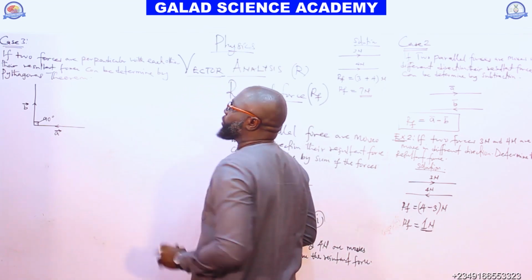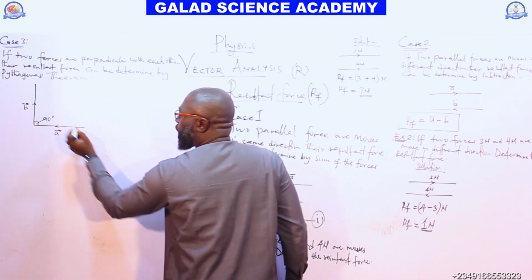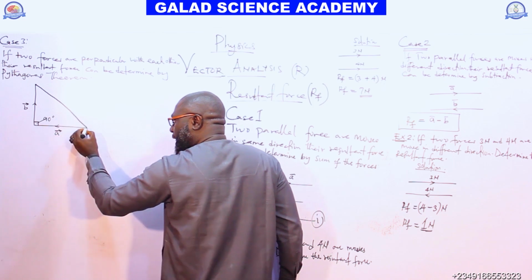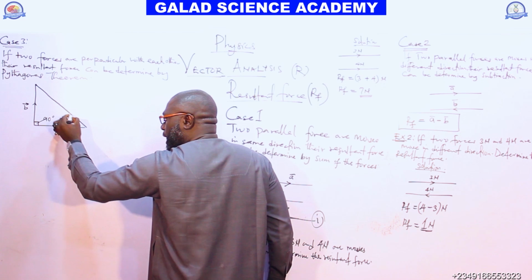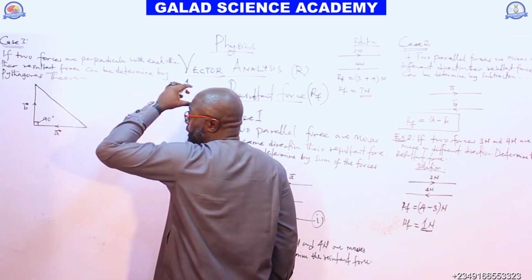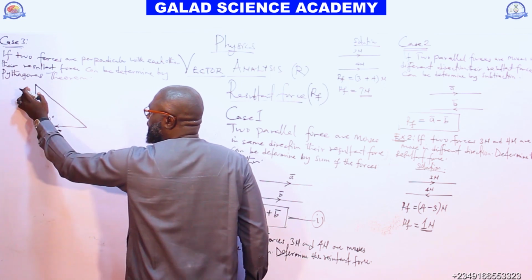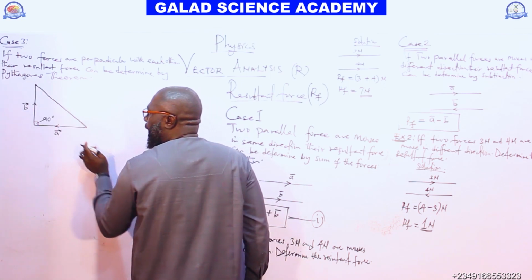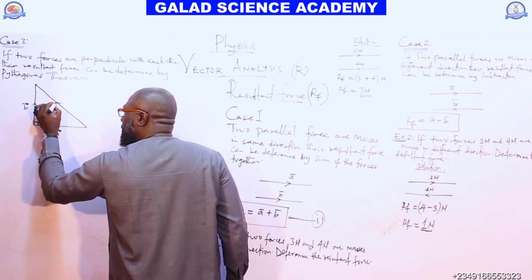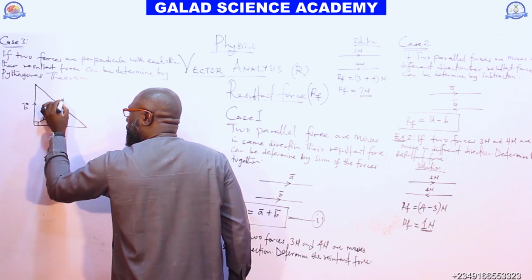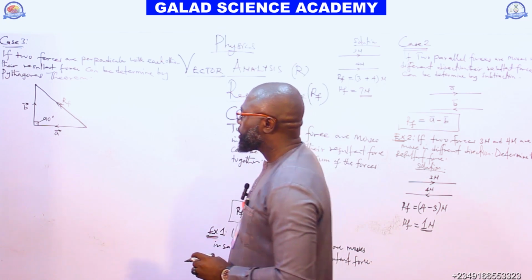To determine the resultant force, we apply Pythagoras theorem. So we need to join these two ends together, from A to B to this point, and this line will serve as our resultant force.